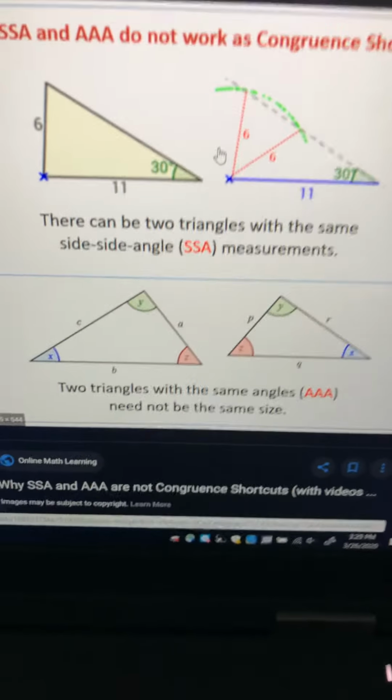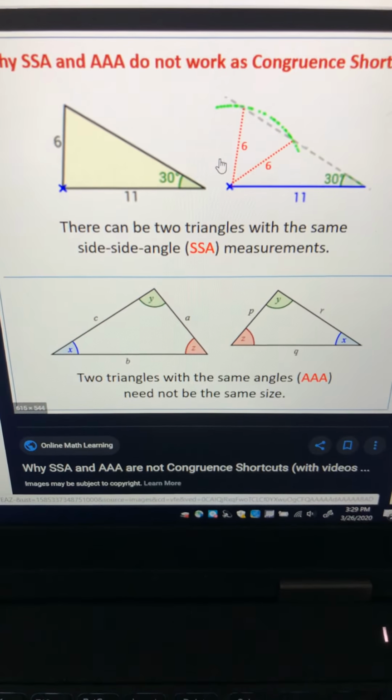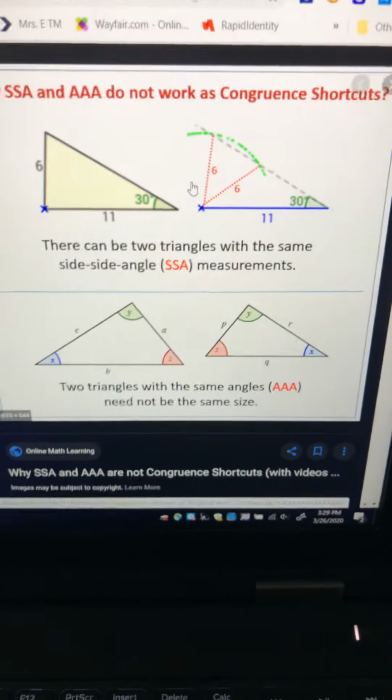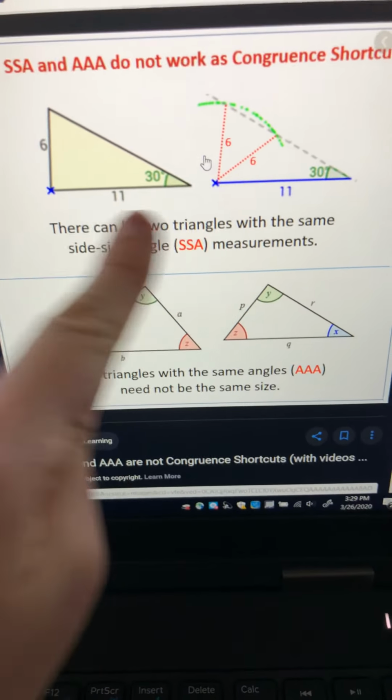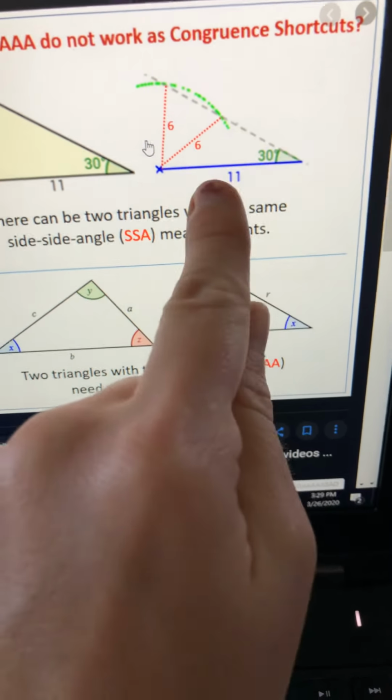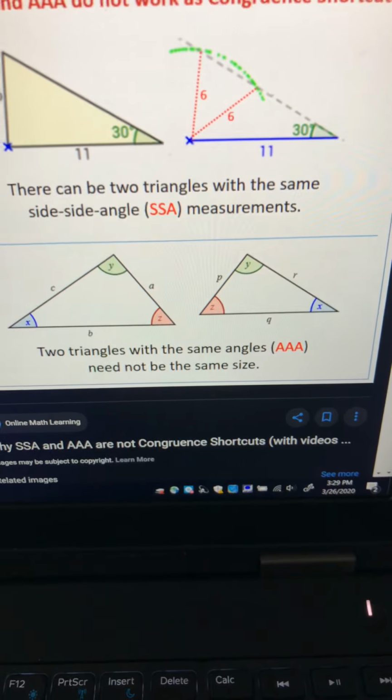Okay, if we look here at the top, the first triangle has 6, 11, and a 30-degree angle. Angle, side, side, bad word. Looking here, angle, side, side could make this triangle. Oop, foul or fail. There we go.